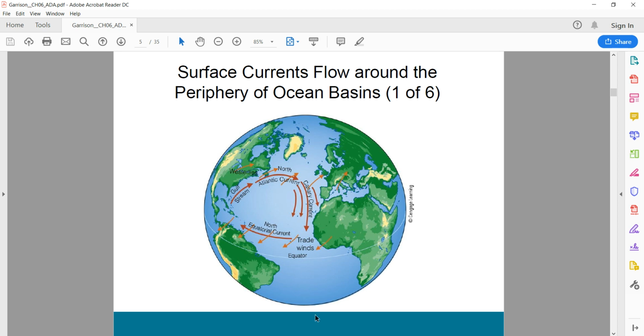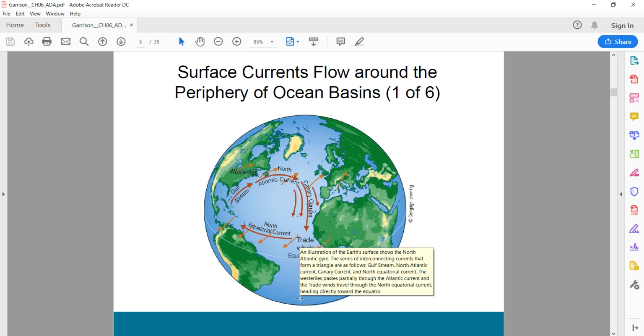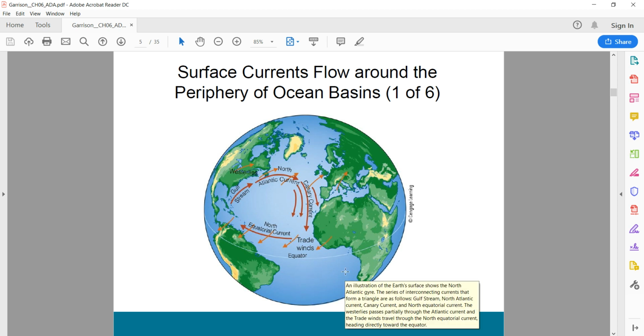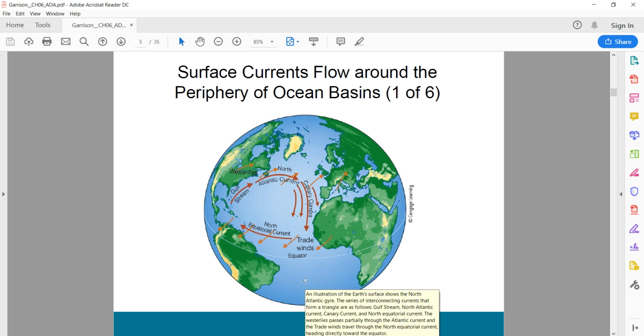And it is exactly opposite. Right now you can see this North Atlantic gyre is clockwise, right? But if you go to the South Atlantic basin, you will find that the South Atlantic gyre becomes counterclockwise, because we know that the Coriolis effect moves the air to the left in the South Atlantic Ocean.